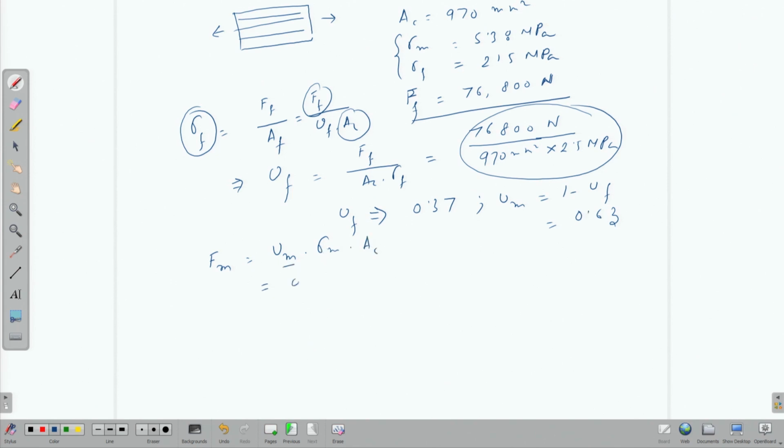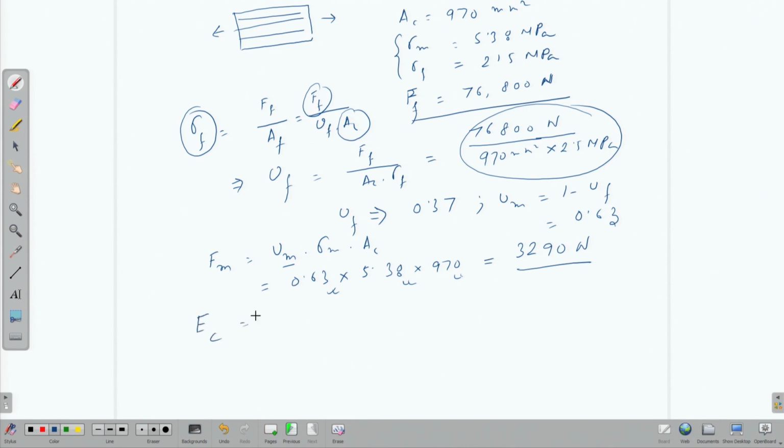V m we know is 0.63, multiplied by sigma m, which is given as 5.38, and multiplied by A c, which we also know is 970 mm square, but you also have to take care of the units, and ultimately F m would be coming around 3290 Newton.